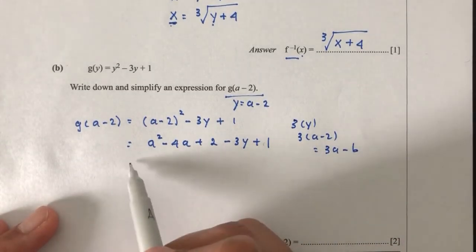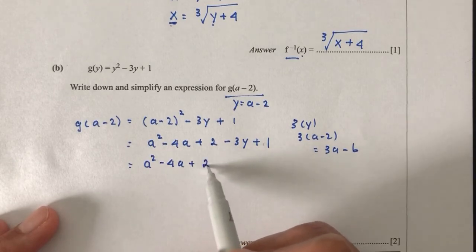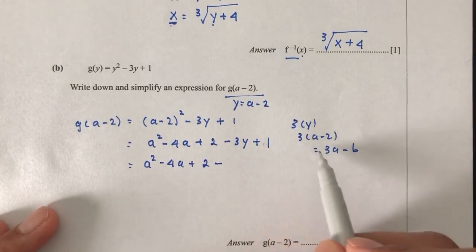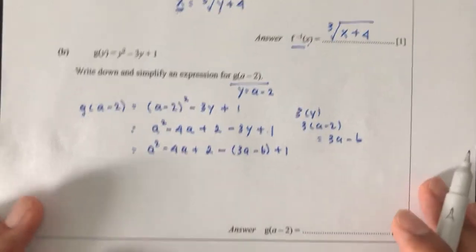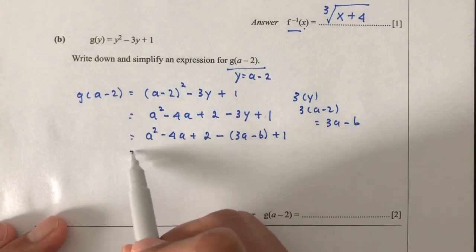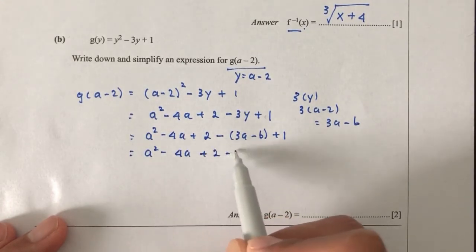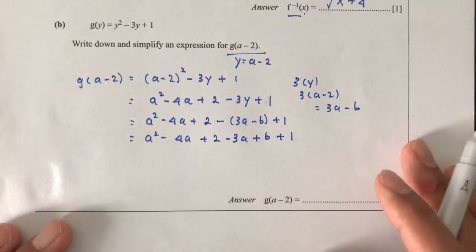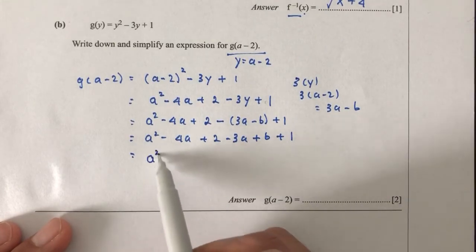Okay, so we have a squared minus 4a plus 2 minus 3y, which is 3a minus 6 plus 1. Let's expand this now. A squared minus 4a plus 2 minus 3a plus 6 plus 1. So here we have a squared by itself.